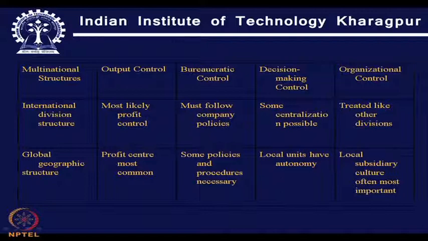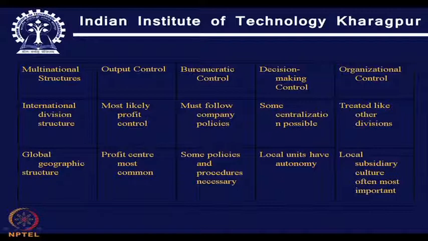And in global geographic structure, the profit center is most common. In bureaucratic control, some policies and procedures are necessary. In decision making control, local units have autonomy, and in organizational control, local subsidiary cultures are often most important.